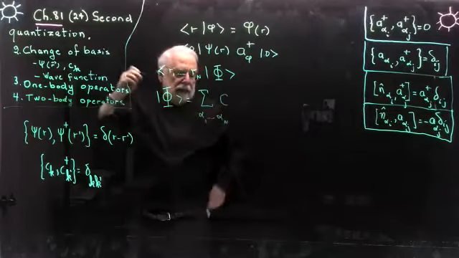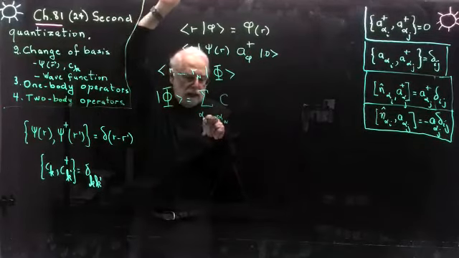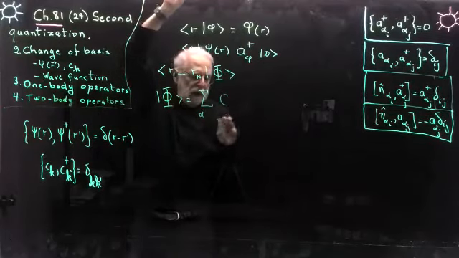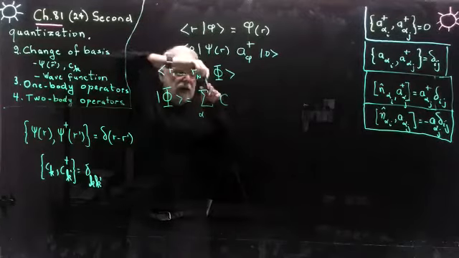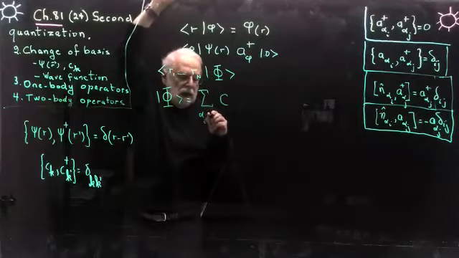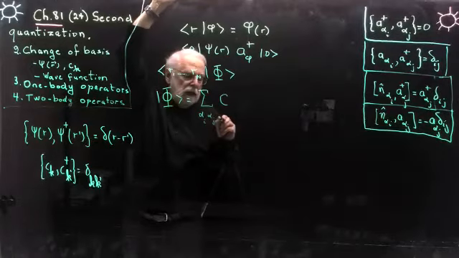Let me write this as c of alpha i, alpha j, etc.